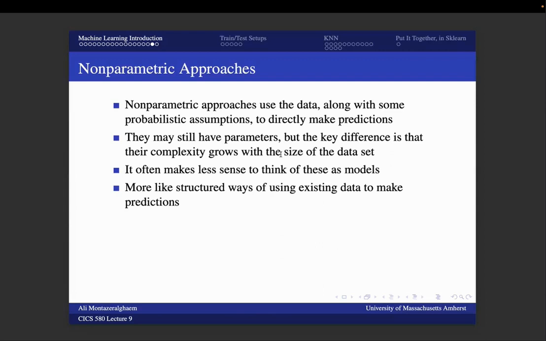And as I mentioned, you just need to use the existing data to make some prediction, but actually we don't use the data to train the model.